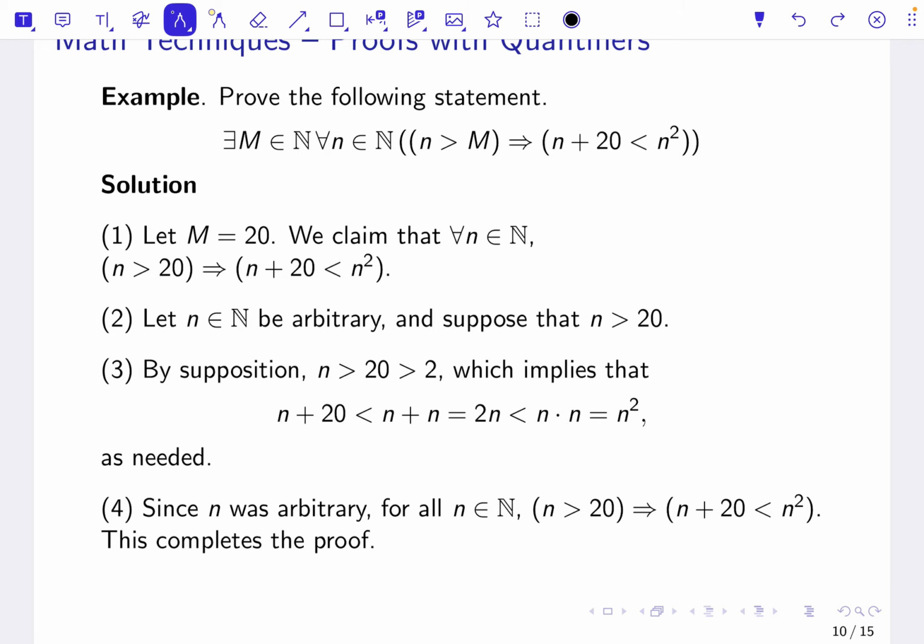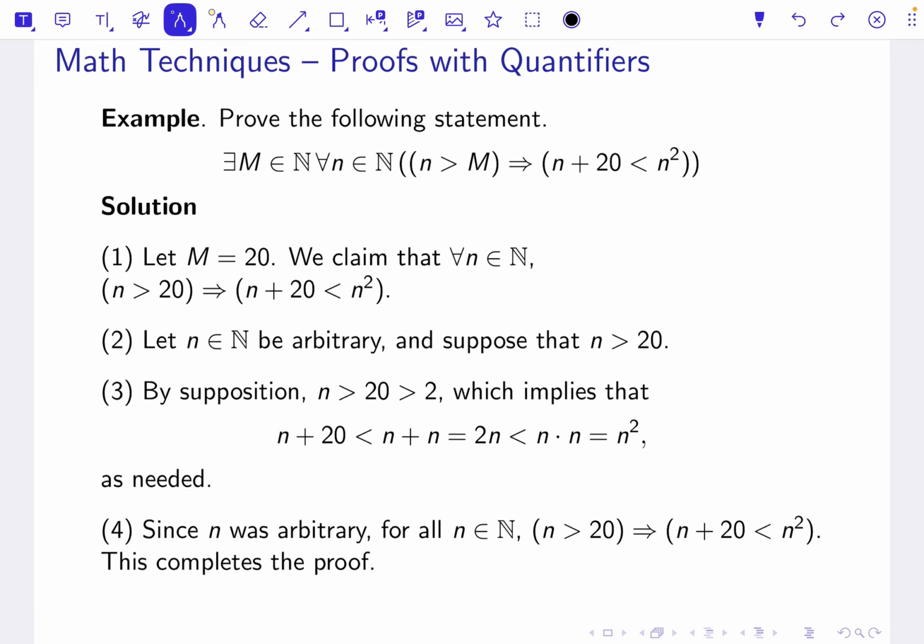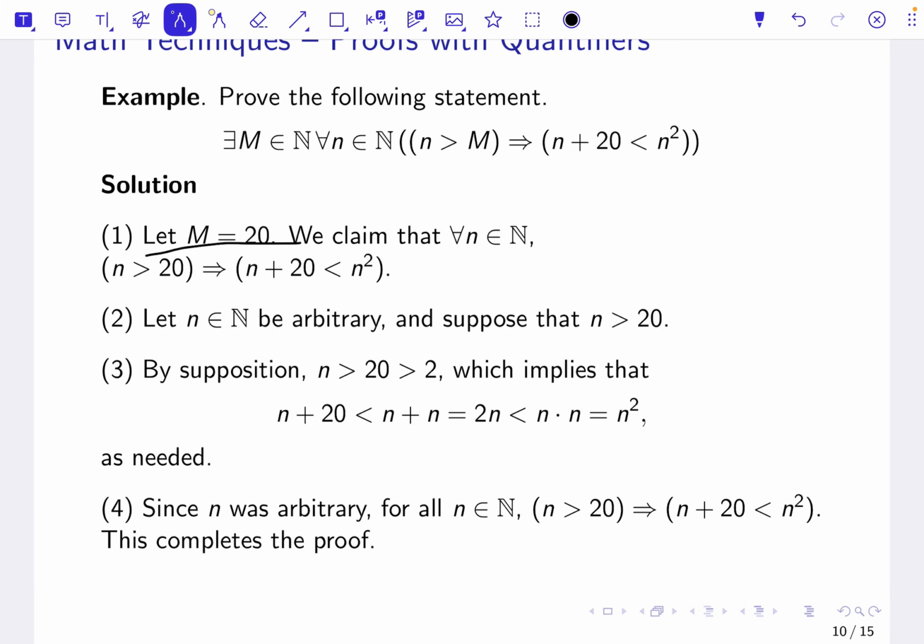And our first sentence is: let m be equal to 20. Okay. It's not at all clear how the writer of the proof got to that. It would be nice if they explained it.